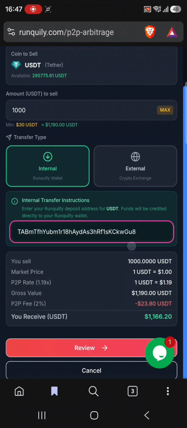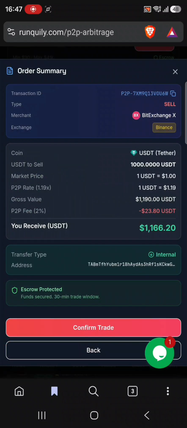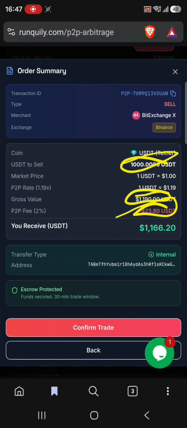So as I said, you copy the address when you deposit, and as you can see, I'm trading with 1,000 USDT capital, and I'll be expecting a gross profit of 1,190, but there is something called a P2P fee, which will deduct 23.80 from me, and my final profit will be 1,166.